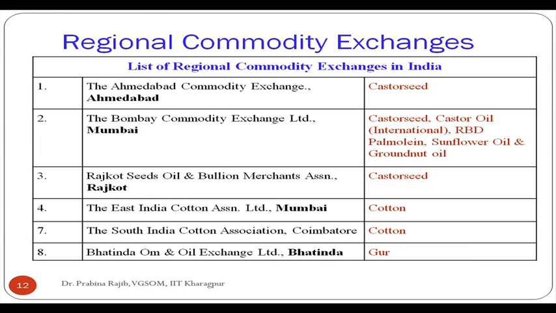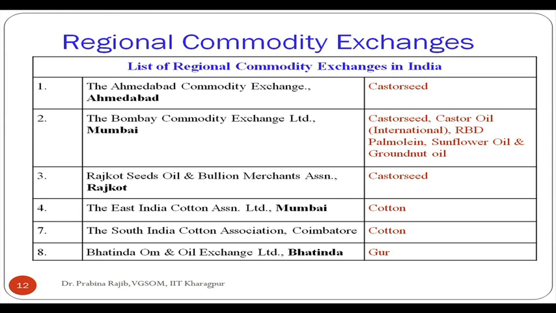Regional commodity exchanges can offer contracts for which they have been permitted by the regulator. For example, let's say the regulator has permitted commodity derivative contracts on 15 commodities in India.